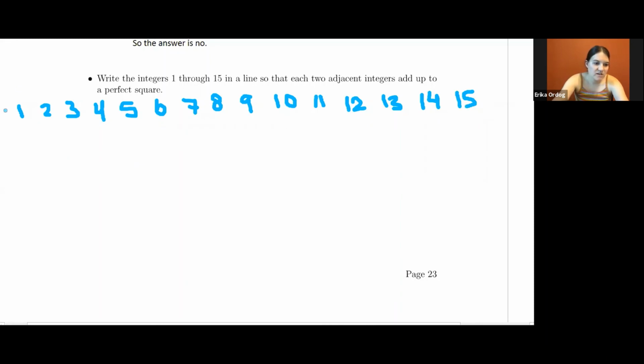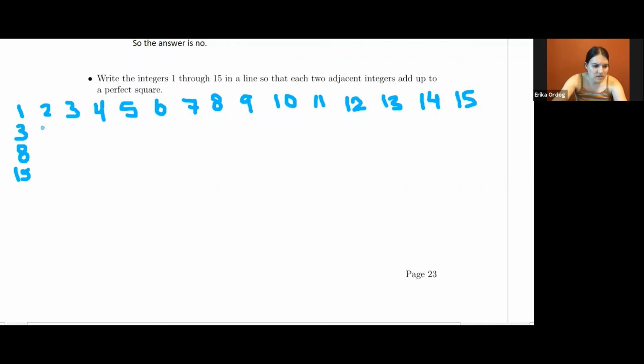So what can we add to 1 and get a perfect square? Let's see, we can add 3 to it to get 2 squared. We can add 8 to it to get 3 squared. And we can add 15 to it to get 4 squared.